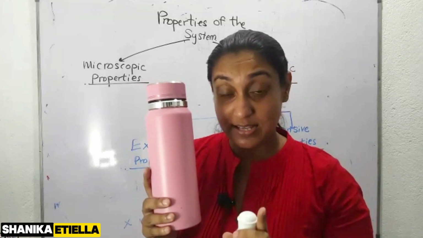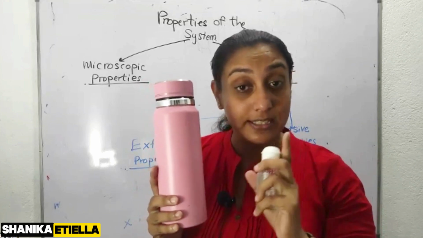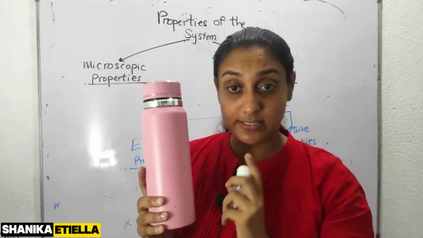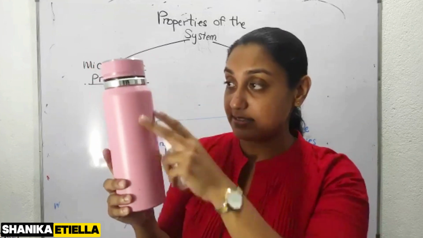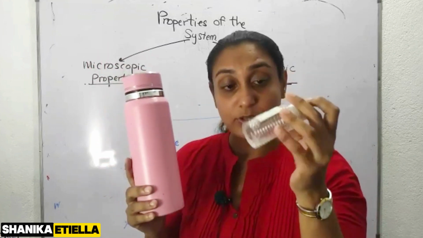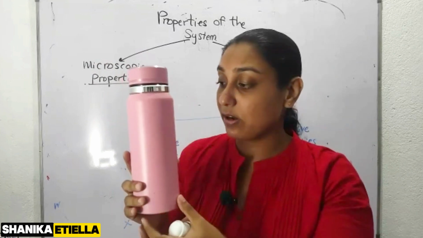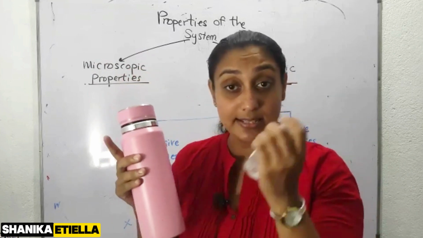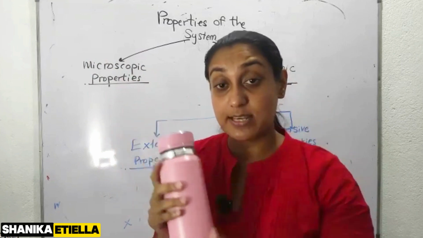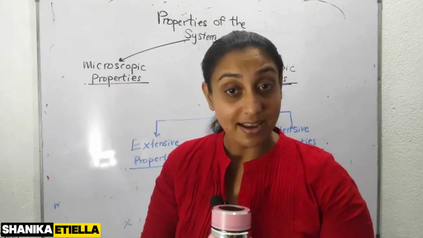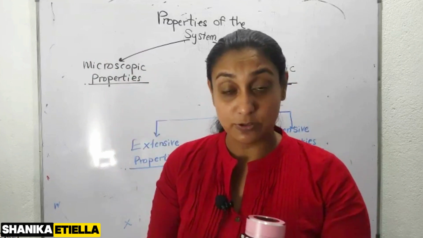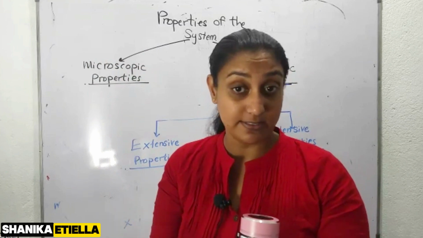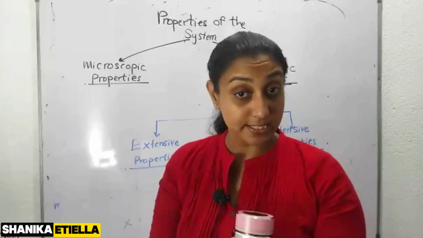Here, this size is larger than this one, so the volume here is much greater than in this system. So volume is an extensive property. Likewise, the properties which depend on the size of the system are called extensive properties.